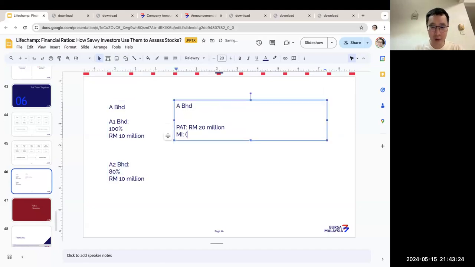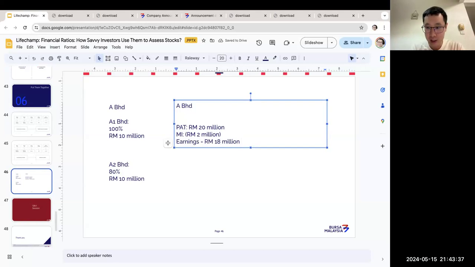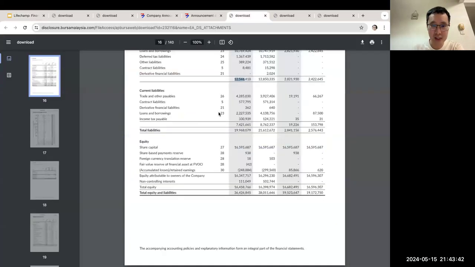So I have to exclude the 2 million. Therefore, my final earnings are actually 18 million. So that is where the minority interest comes into play. This is where the non-controlling interest is.